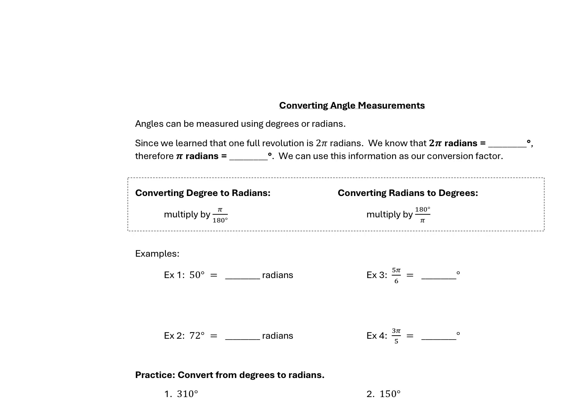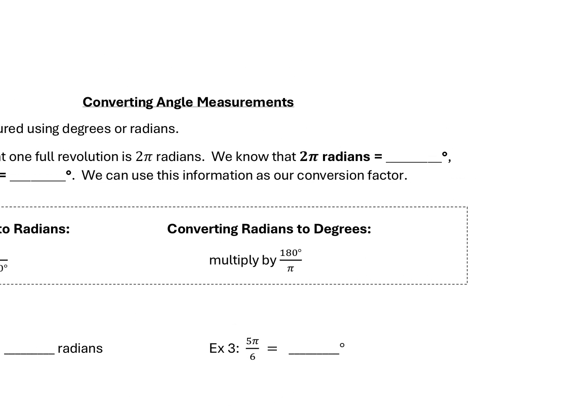And you don't necessarily need a graphing calculator. You can do that on any basic calculator, but the graphing calculator helps because it gives us that fraction. Thanks, Lucy. All right, so angles can be measured in degrees or radians. We learned 1 full revolution is 2 pi radians. So in other words, 2 pi radians is equal to how many degrees?